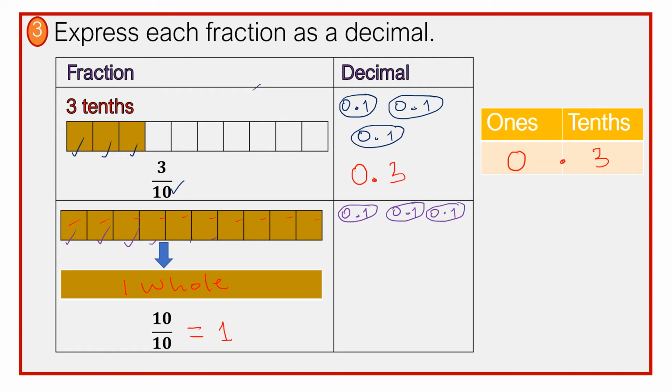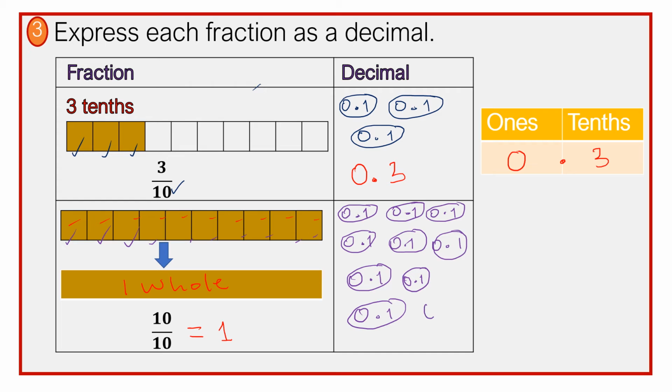So we have 0.1 10 times. 4, 5, 6, 7, 8, 9, and 10.